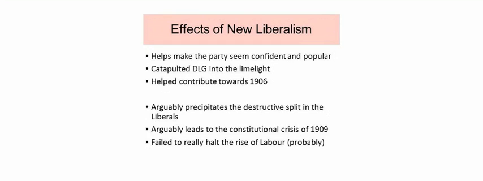If that was its aim, it does not succeed, because the Labour Party carries on growing and stays independent. So you can say new liberalism as a political idea fails.